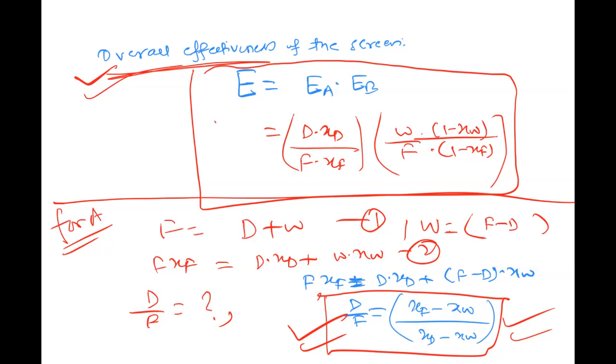So apply the material balance for undersize, means for B. XW will be first in denominator and numerator. Yes, no problem. Is there any doubt? Just apply the material balance for B.